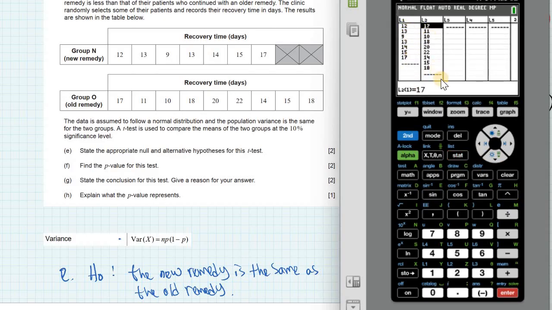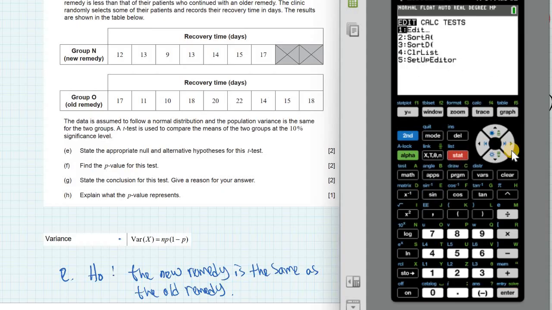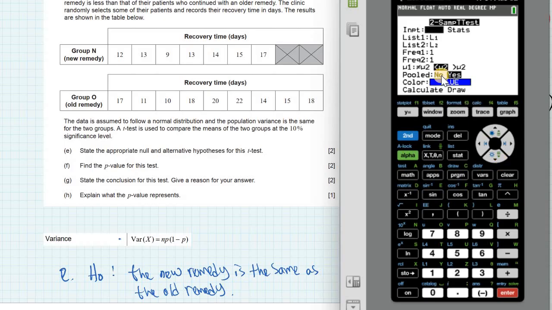Then you go to test and pick 2 sample t-test. Then you pick the data, make sure it's correct. The new remedy is L1 and the old remedy is L2. The frequency is not needed.